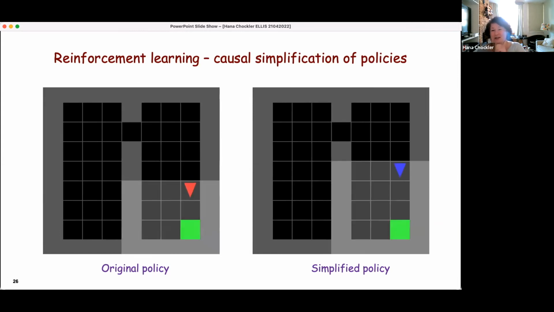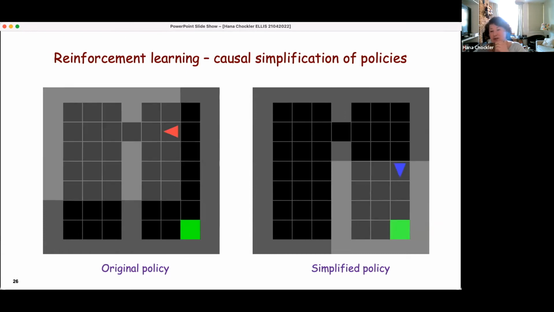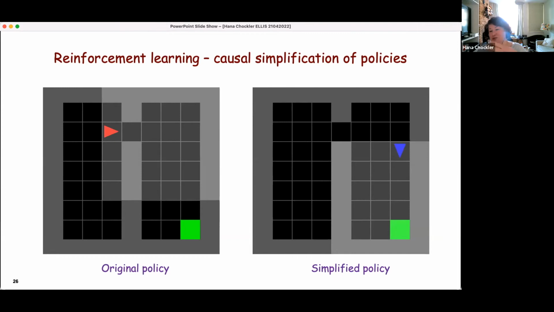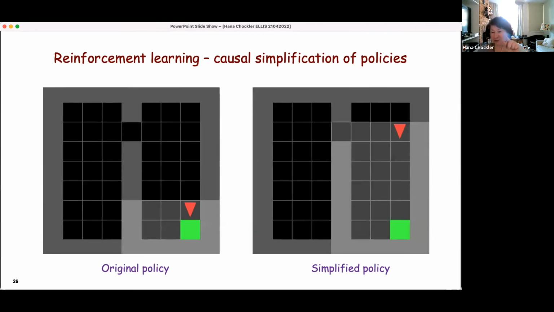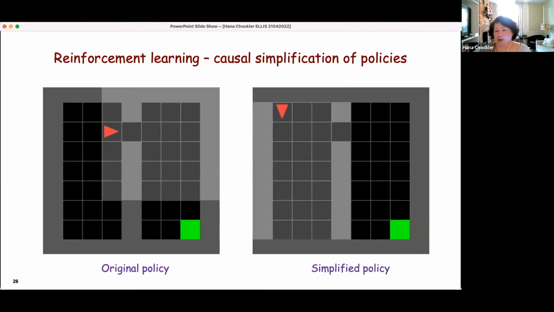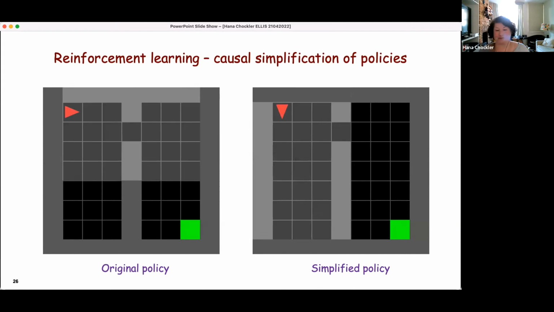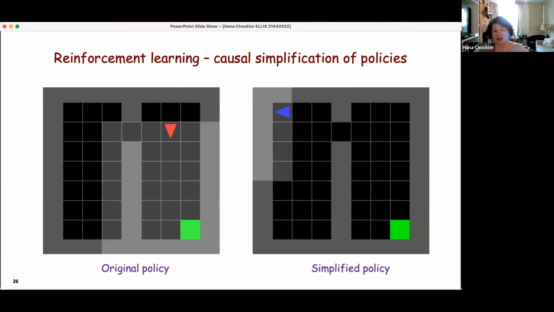So you can see that, first of all, it also successfully reaches the end, but it takes much fewer steps. It's much simpler. And if we now want to explain it, we can highlight only the red triangles, and those are much fewer than on the left. Okay, so now we're done with explanations.